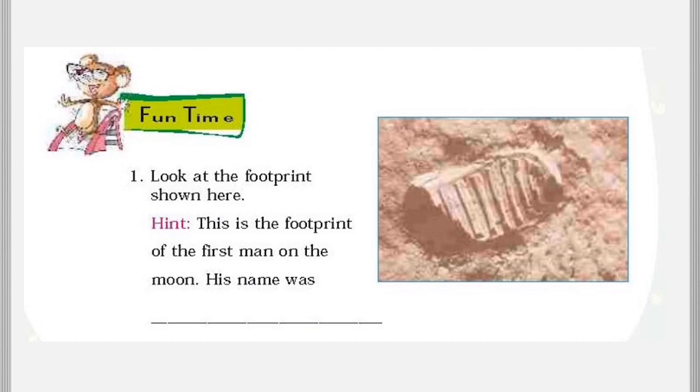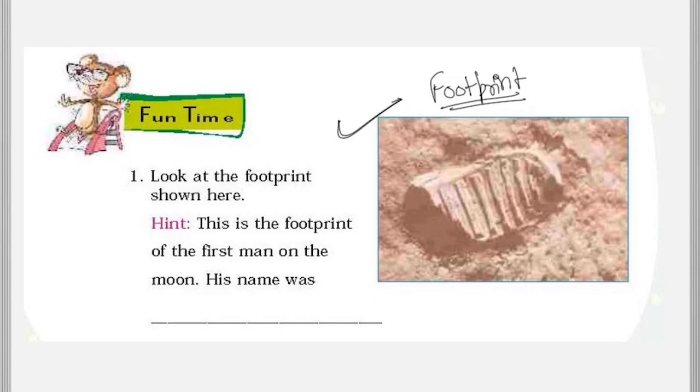Then next we have fun time. So what it says is, look at the footprint shown here. So we can see that this is a footprint. Hint is that this is the footprint of the first man on the moon and his name was. So we all know who was the first man on the moon.